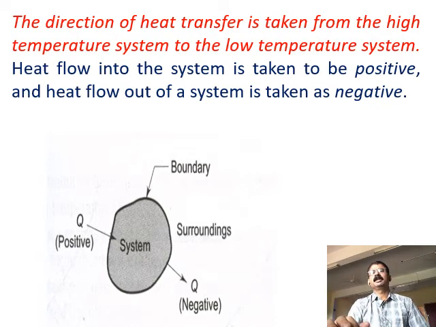As a sign convention, as you studied earlier, heat flow into the system is taken as positive, whereas heat flow out of the system is taken as negative. You can see the figure here. Heat transfer into the system is marked as positive, whereas heat transfer out of the system is marked as negative.